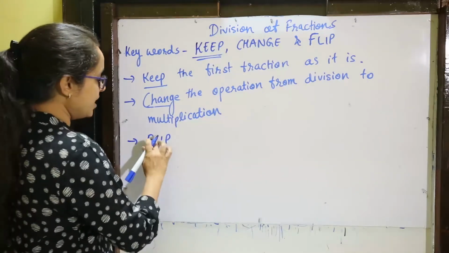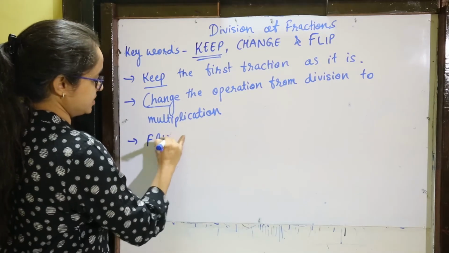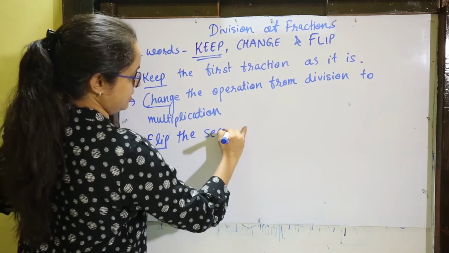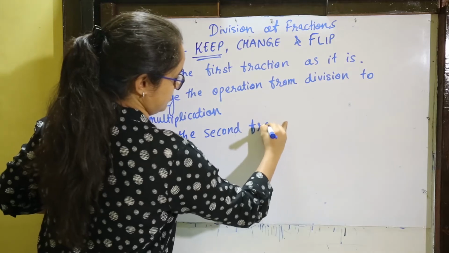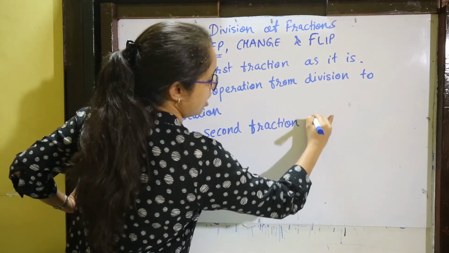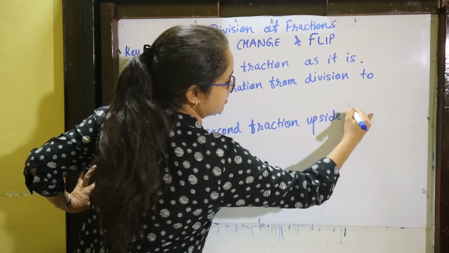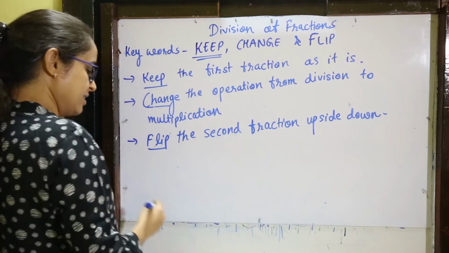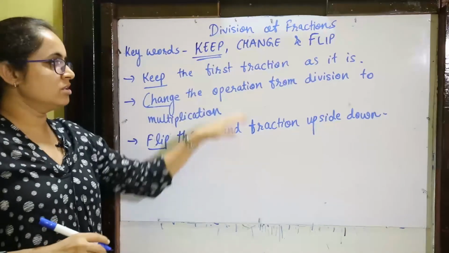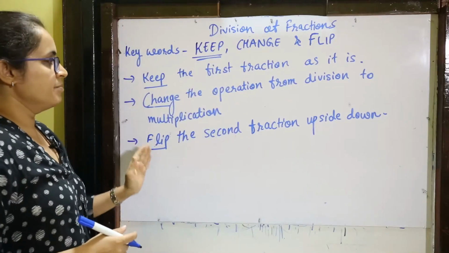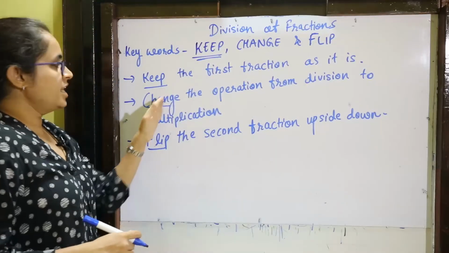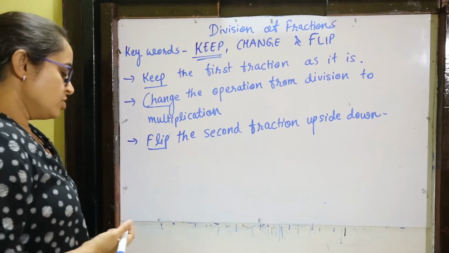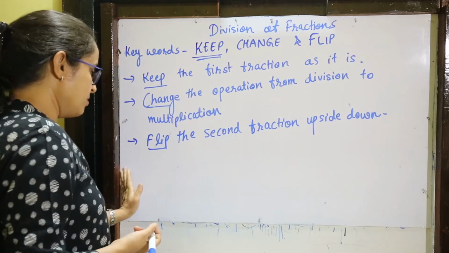That means flip the second fraction upside down, that is, make the reciprocal. These are the 3 things you have to do. Keep, change, flip. Okay, so this you have to remember.